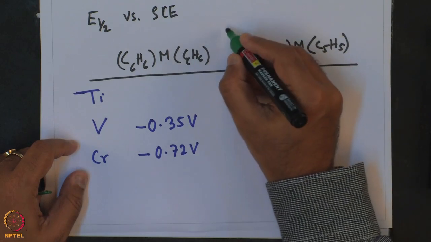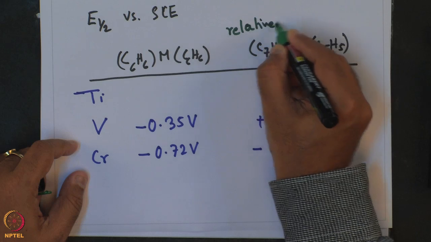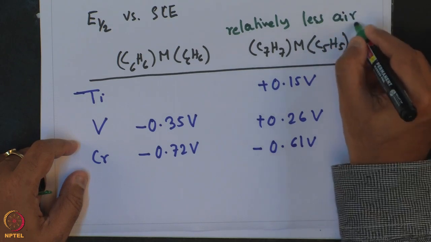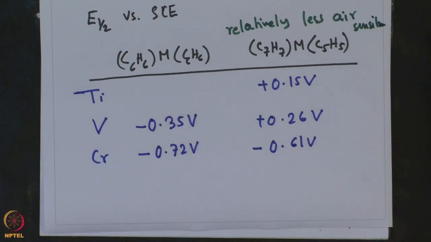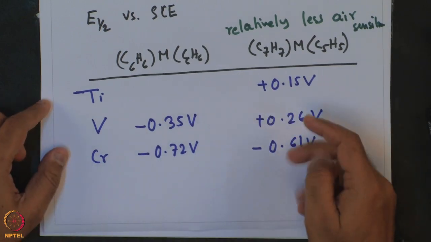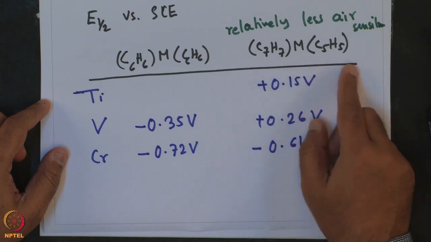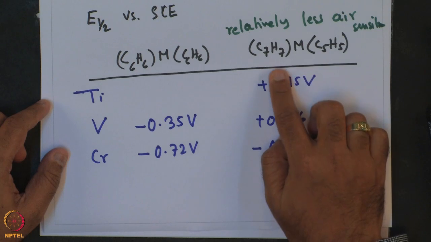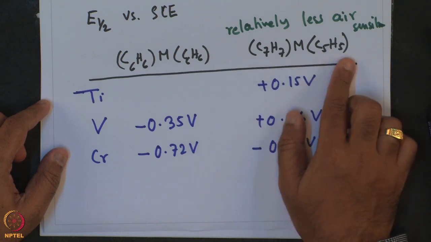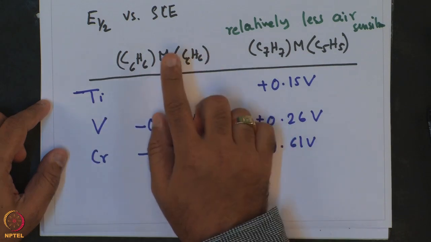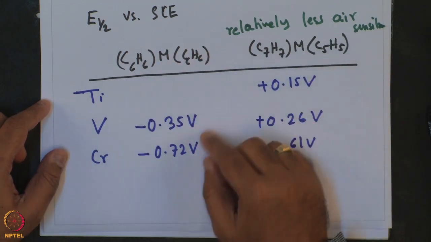So, they are relatively less air sensitive, and that can be easily gauged from these potential values, which say that the formation of these neutral complexes from the cationic state is favored for the C7H7 M C5H5 combination, because these E values are mainly positive with respect to C6H6 metal complexes, where formation of these neutral complexes from the cationic state is less favored, because now they have very high negative E values.